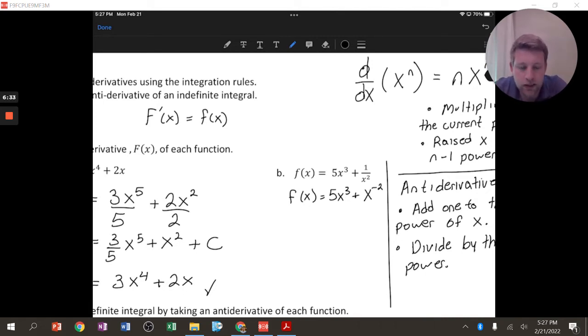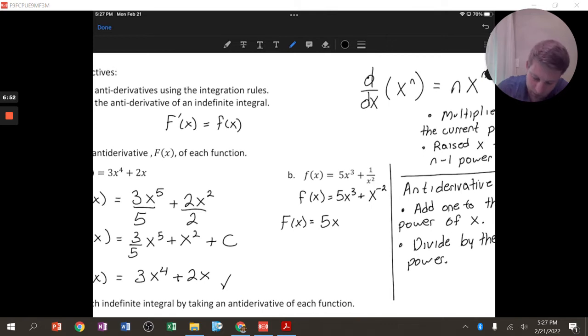This way I can utilize that power of x to my advantage when I go to take the antiderivative. So we'll go for capital F of x, the antiderivative. First we can add 1 to the power, which would be 5x to the 4th, and then divide by the new power of 4.